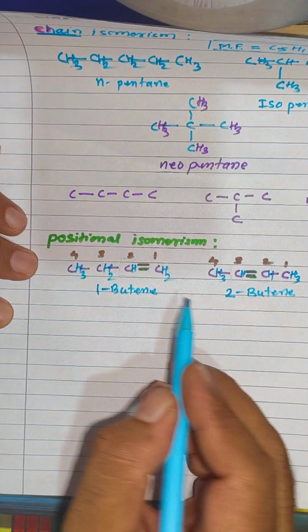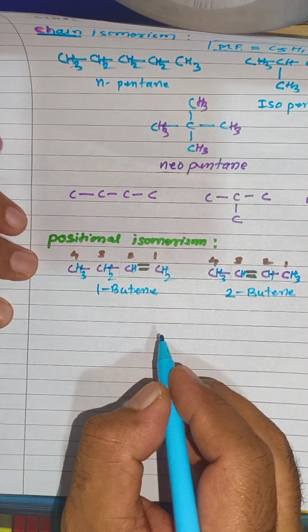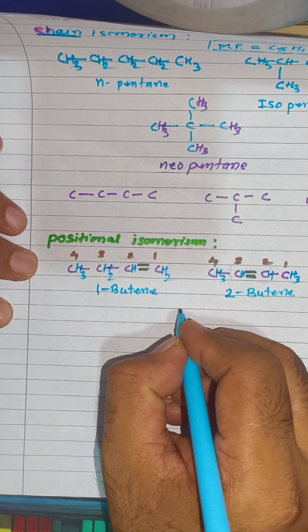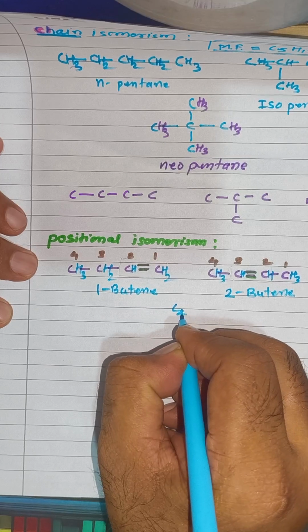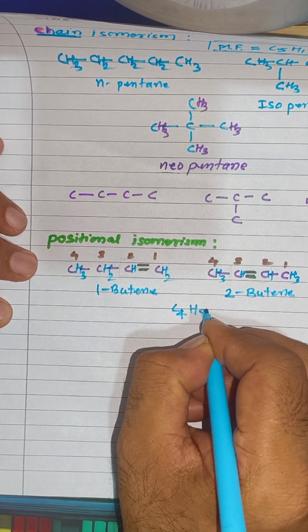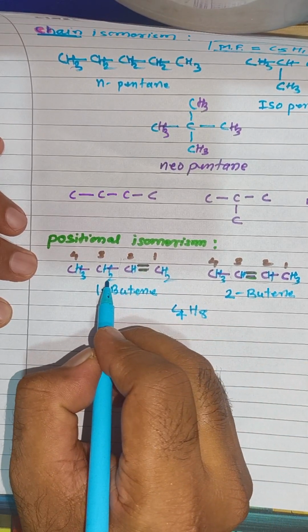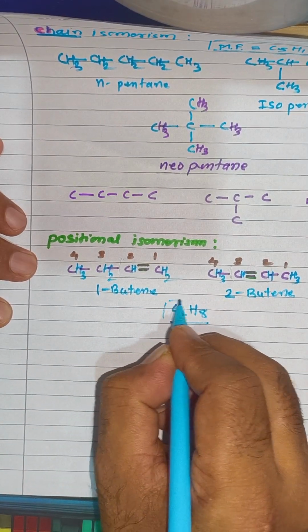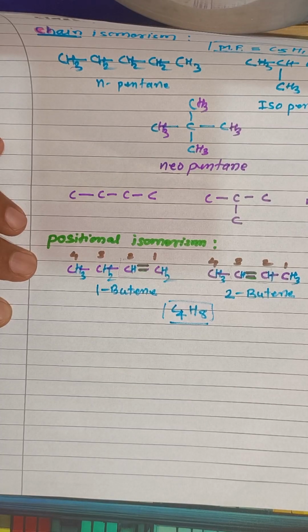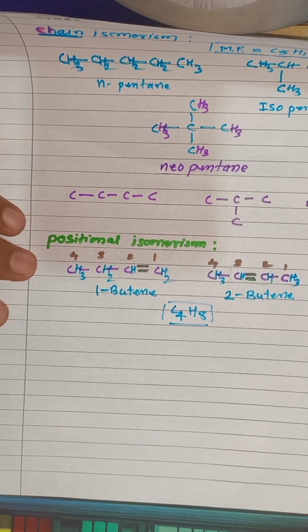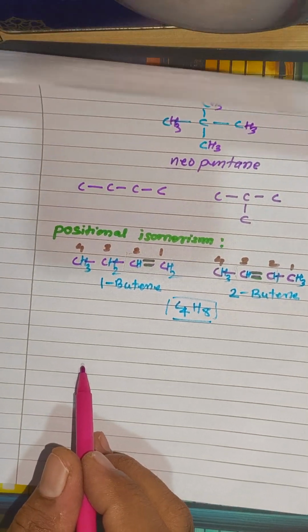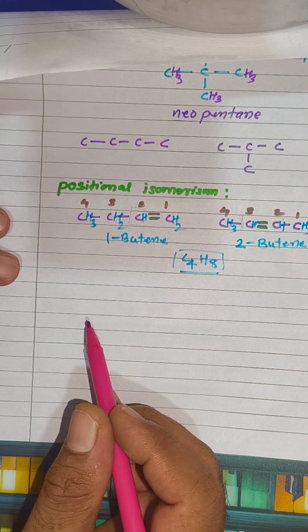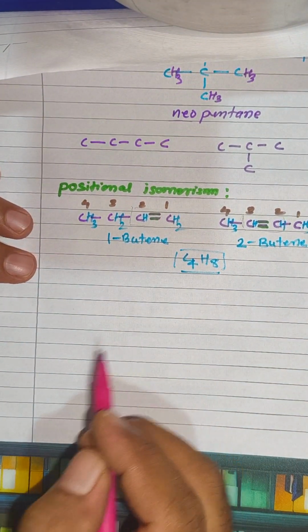These are isomers. They have the same molecular formula, C4H8, but differ in structure, in the position of the double bond, so it's called positional isomerism.